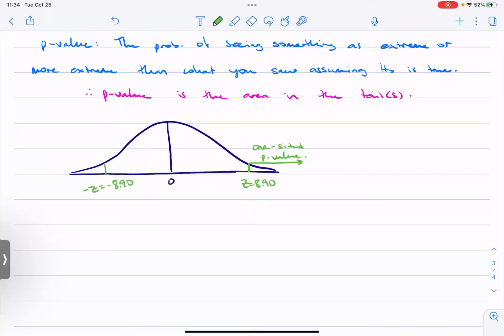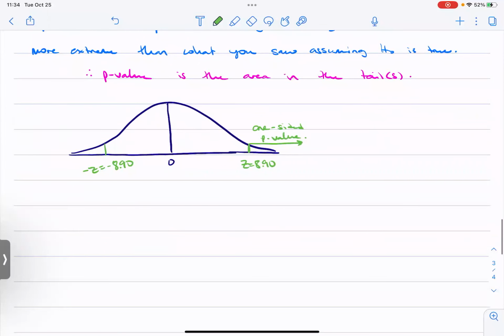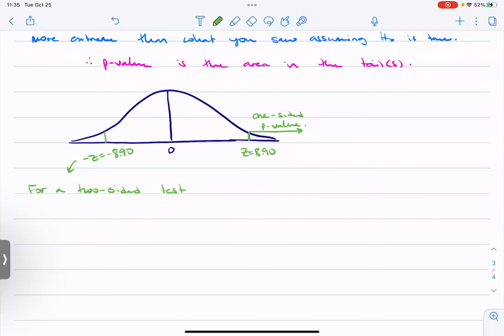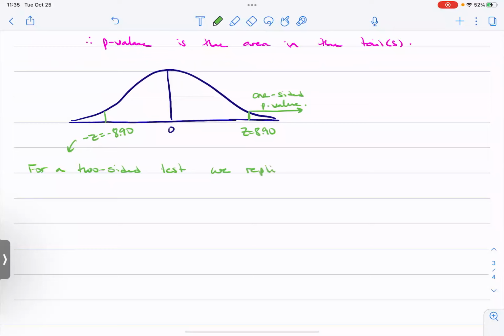So for a two-sided test, we replicate the test statistic in the opposite tail.